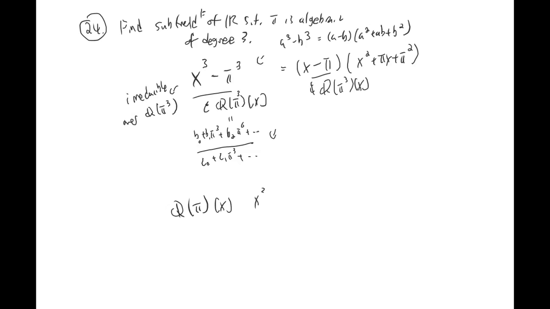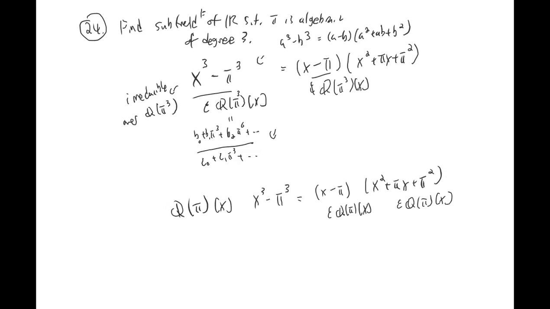Because x cubed minus pi cubed would factor as x minus pi times x squared plus pi x plus pi squared, and these are certainly elements in here, because Q adjoin pi contains pi.